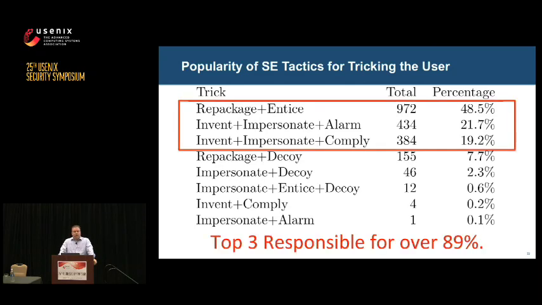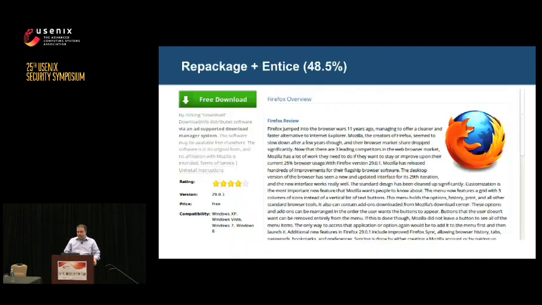If we look at the popularity of the different combinations of techniques, the top three are responsible for almost 90% of the social engineering downloads we observe. Repackage plus entice is number one at about 48.5%. Then we have invent, impersonate, alarm at 21.7%, and invent, impersonate, comply at 19.2%.